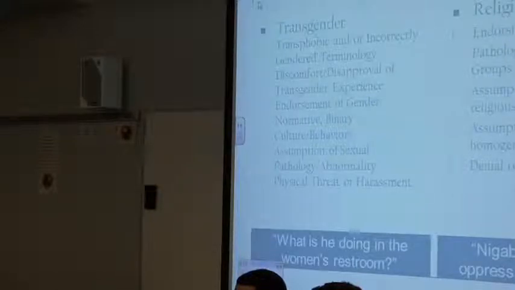Other examples included this last one I want to point out, this idea of physical threat or harassment. For trans people, very often just the act of using the restroom, for instance, and you'll see the quote, what is he doing in the women's restroom? Depending on how a trans person presents physically, people may make assumptions about their gender identity.